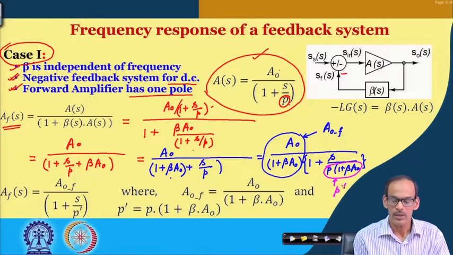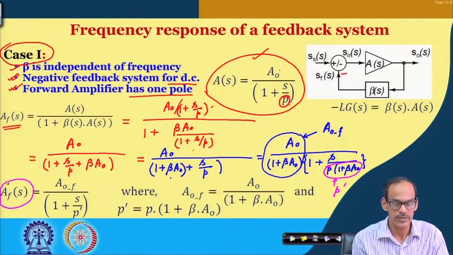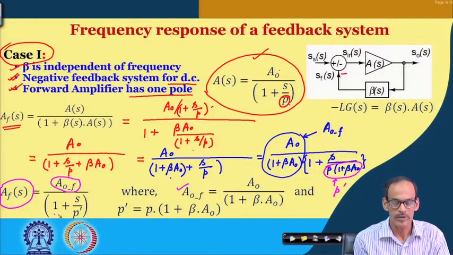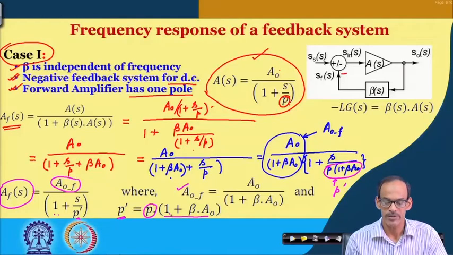So, the transfer function of the feedback system has low frequency gain A naught f, as defined here, divided by 1 plus s divided by P dash. So, this P dash is the location of the pole of the feedback system, which is a function of P, and is also multiplied by 1 plus beta into A naught.